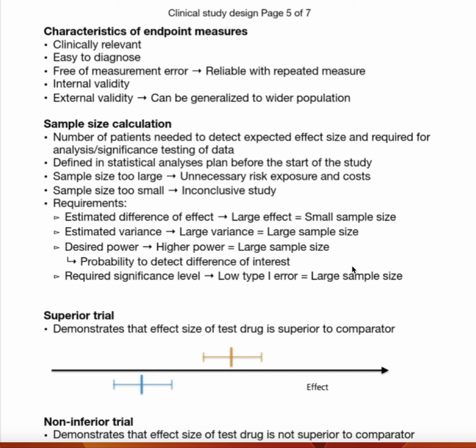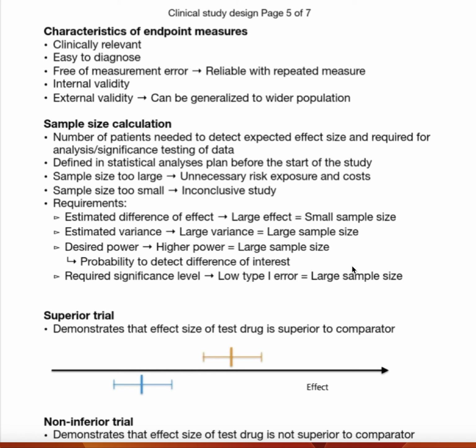Actually, I don't know exactly what statistical analysis they do and how they determine the number of the sample, but just to make sure that the results are precise, and at the same time we don't expend more time, more risk, more exposure. So the samples should be not too large, not too small.